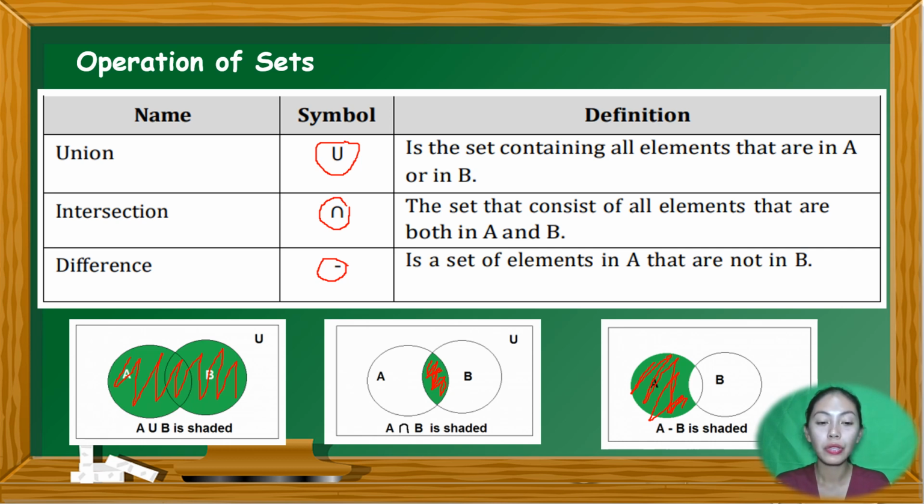Okay. So what if we will find the difference B minus A? Okay. So in A minus B, the shaded part is only in the elements of A. So if we have B minus A, the shaded part is only this part, no?